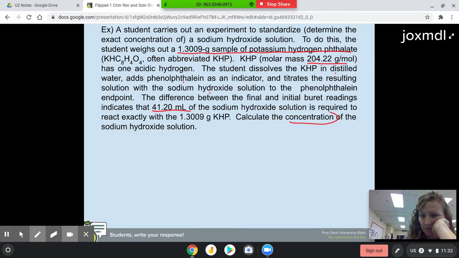I'm confused on how you should organize the information to figure out what you have. So I would start at the end since we're calculating concentration, right? I want moles per liter of NaOH. I would go from there. Do I have anything from the get-go?